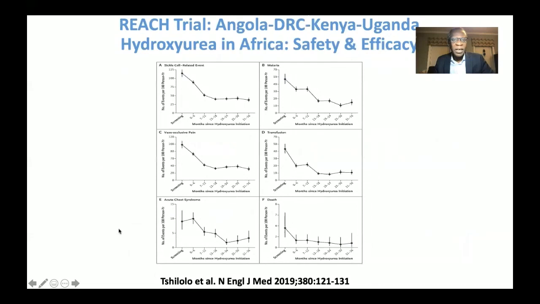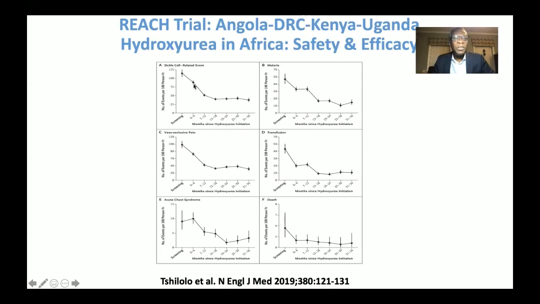And in fact, in subsequent trials, this was a single-arm, open label study of children with sickle cell disease in Angola, DRC, Kenya, and Uganda, where they were given hydroxyurea therapy and followed over the duration, starting with a dose of 20 milligrams per kilogram and escalating to maximum tolerable dose.